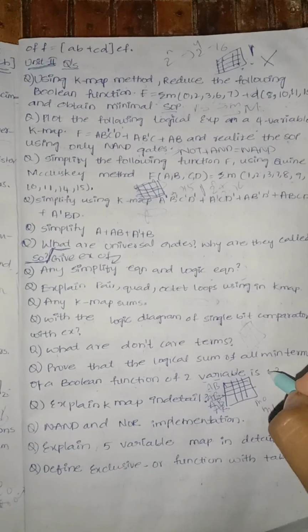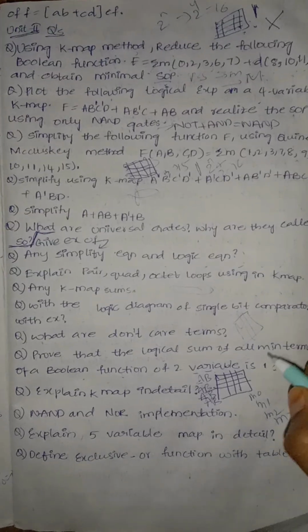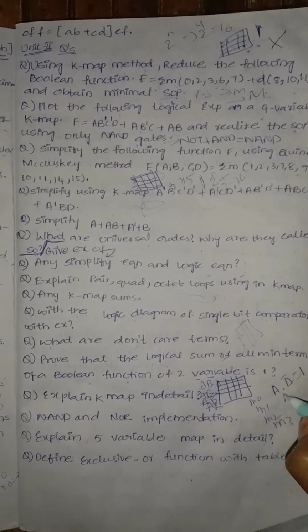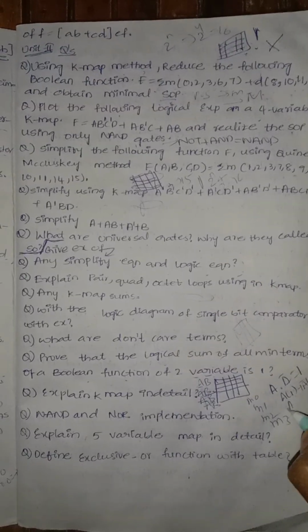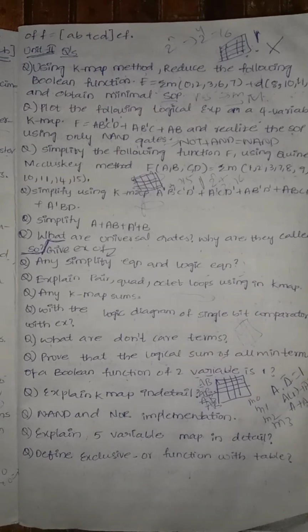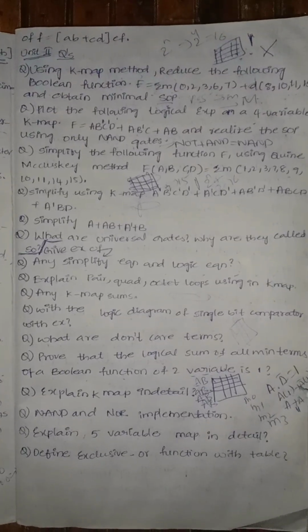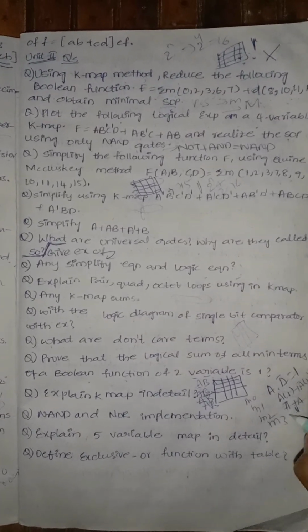We need to add them in the first step. For example, by the property a into a bar equals 1, we get a into 1 plus a bar into 1, which is a plus a bar, equals 1. Adding a and a bar equals 1, it is a property.